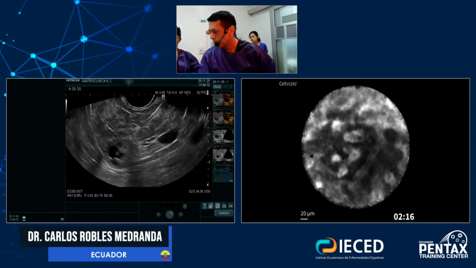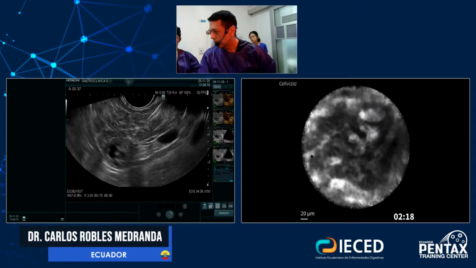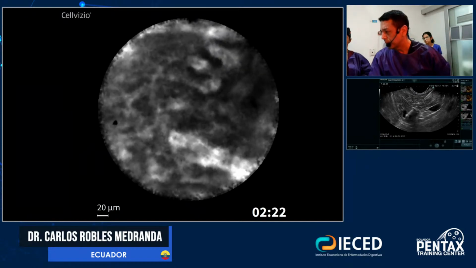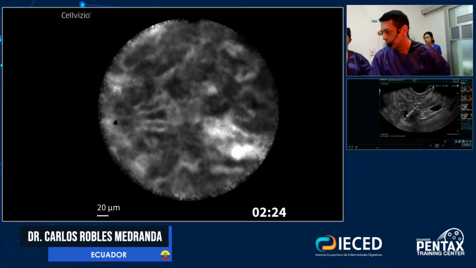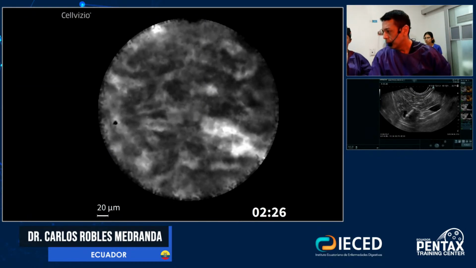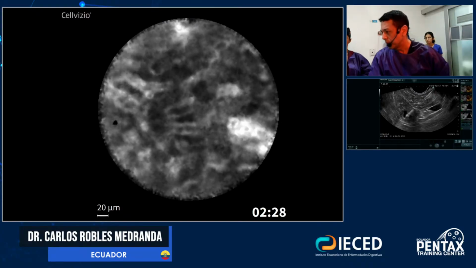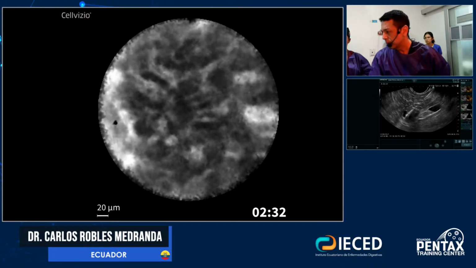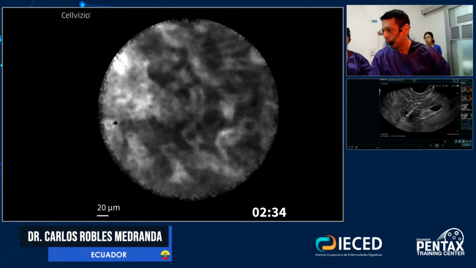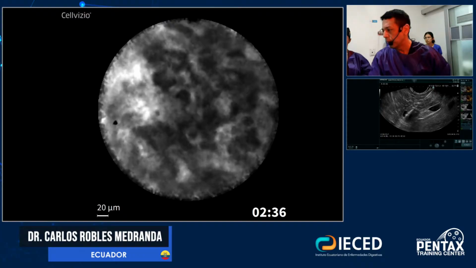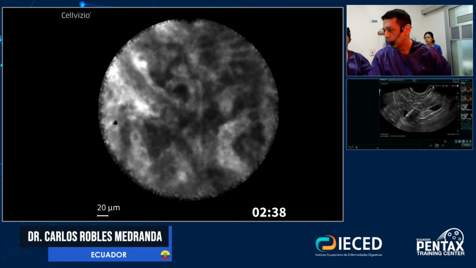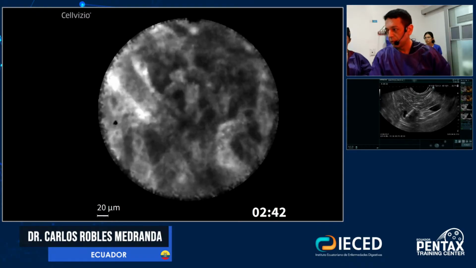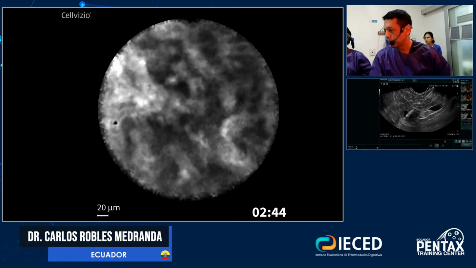However, I believe there are some areas that I see these dark clumps. I don't like it. I believe this is dysplasia, high-grade dysplasia. You see? So very beautiful image. Very beautiful image. Now on the very superficial area of the lesion, you can see very well.